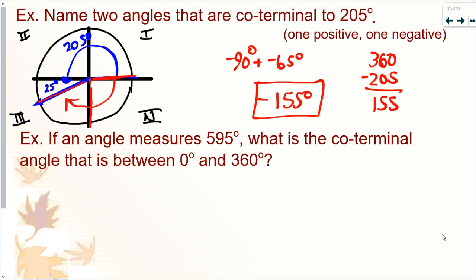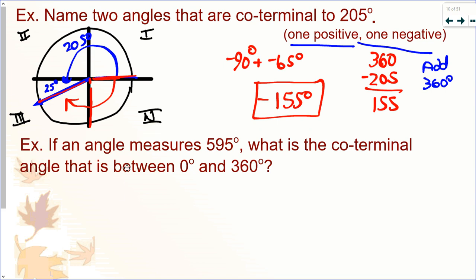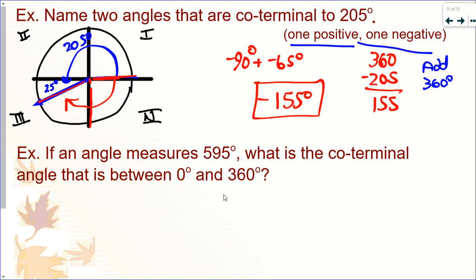The way to get the positive one is just really, you just have to add 360. Adding 360 indicates that you're just going to do an additional rotation. So if I start with my initial ray here, and we know to get to 205, you rotate here, but I'm going to pass it, do a full 360, and then rotate again to 205.